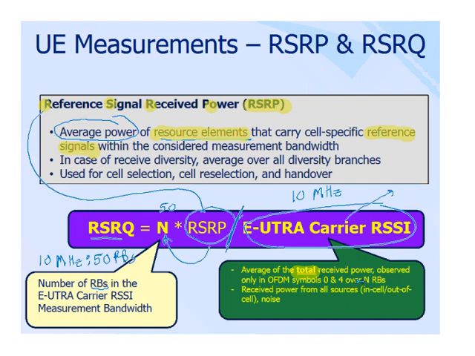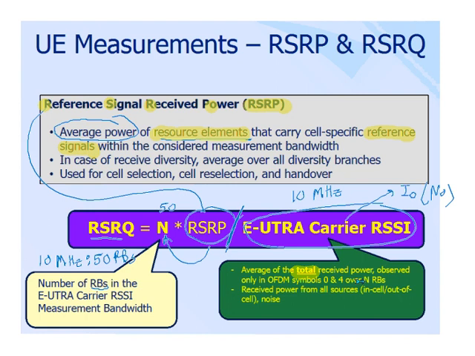This is like I naught in 1x and 1x EV-DO video. It is like N naught in UMTS. The total power that we have in, let's say, 1.25 megahertz spectrum in case of 1x EV-DO, total power in 5 megahertz spectrum for UMTS.